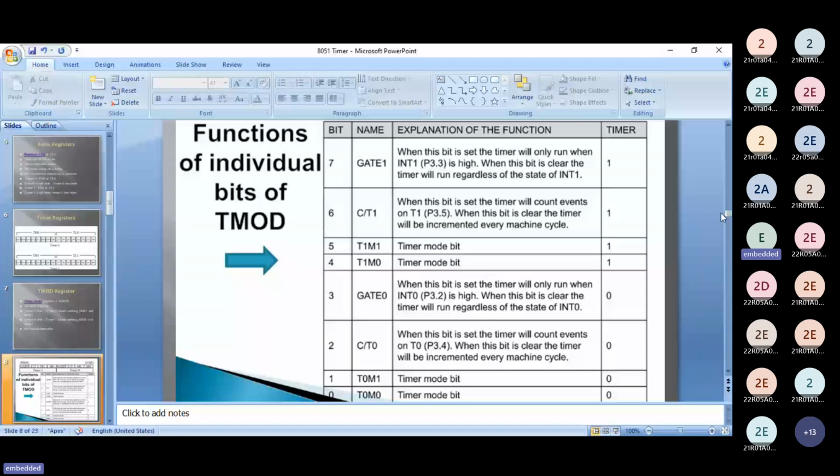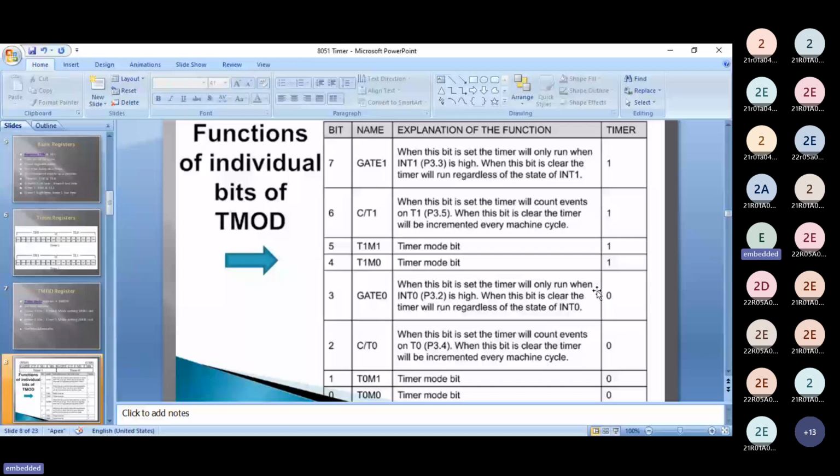Next is bit 3, GATE0. When this bit is set, the timer will run only when INT0 is high. When this bit is clear, the timer will run regardless of the state of INT0. Next, bit 2, C/T0.